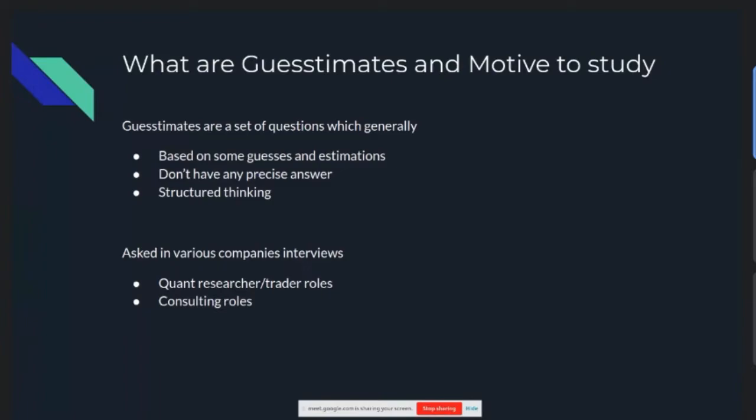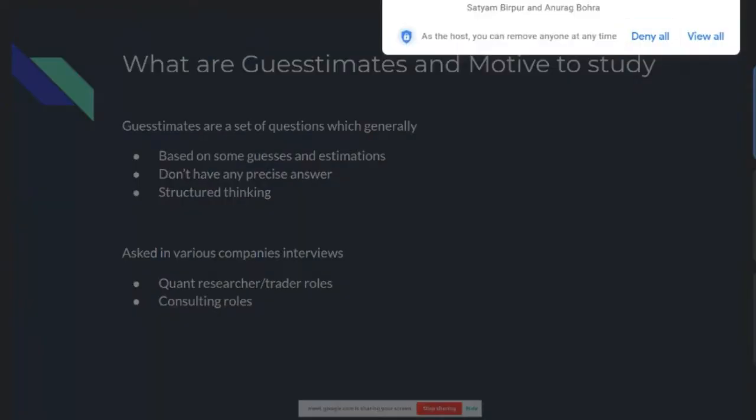They don't have a precise correct answer. If you say 5 is the answer, it need not be correct. It is entirely based upon the guesses that you made, structuring the problem and getting to the answer through estimations.